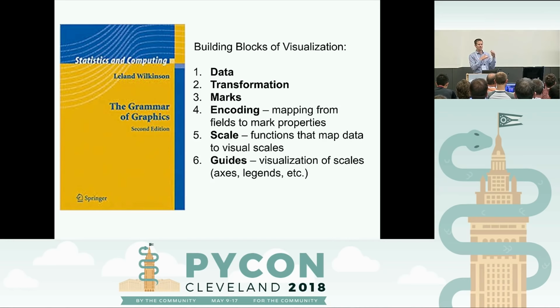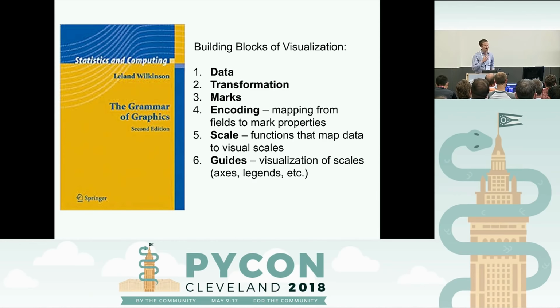You figure out how those encodings will scale. Like if you want to encode the color of something, what sort of color map do you use? What sort of color scales do you use to encode that variable? And then once you have those scales, you need some sort of visual guide for the person looking at the visualization to figure out how that encoding maps to the data properties underneath.